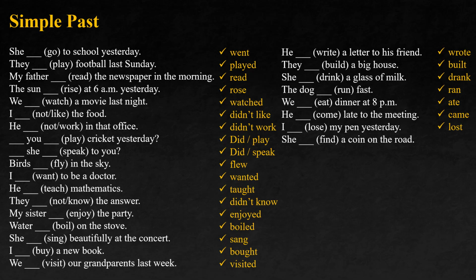Pallavi. She found a coin on the road. Pratham. They sat under the tree. Yogesh. I slept for 8 hours.